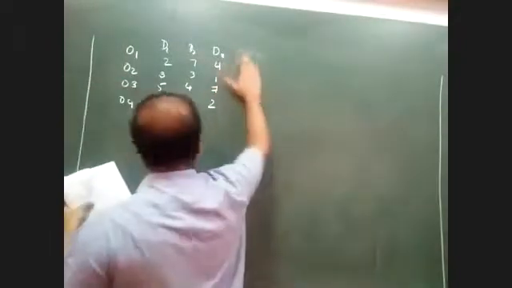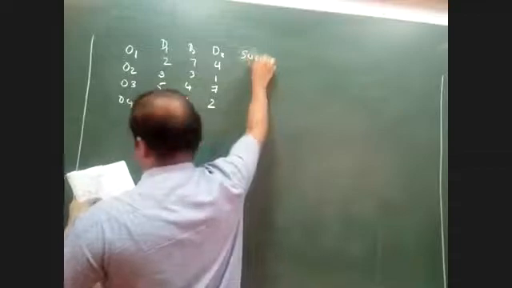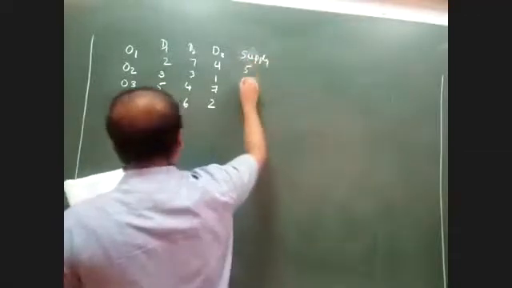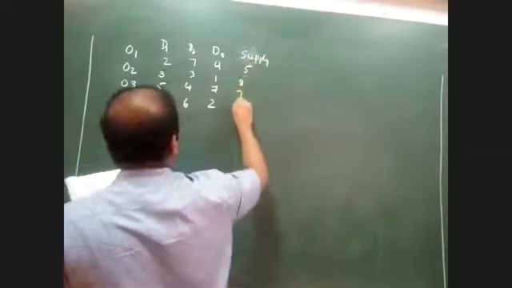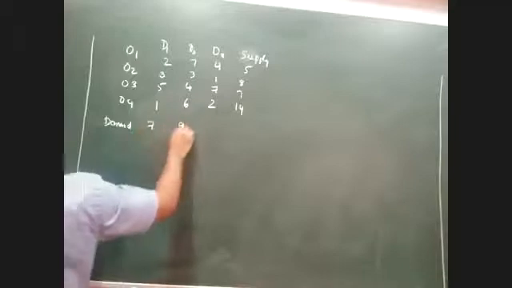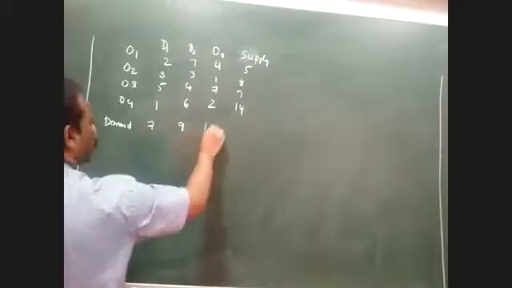D4 is not there. This is called supply. Supply is given as 5, 8, 7, 15. Similarly, demand is also given. The demand happens to be 7, 9, 18. Okay, now this is the question given.